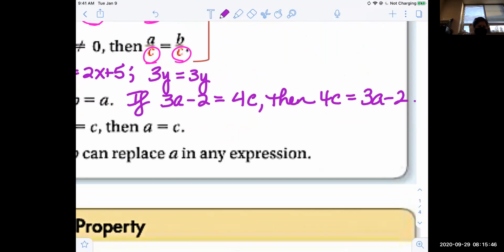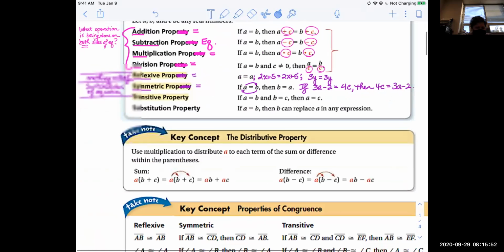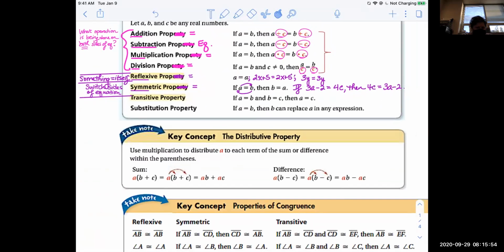You can take the two sides of the equation and flip them around. If it's reflexive, it has to be the same exact thing on both sides. Otherwise, it'll be a different property.